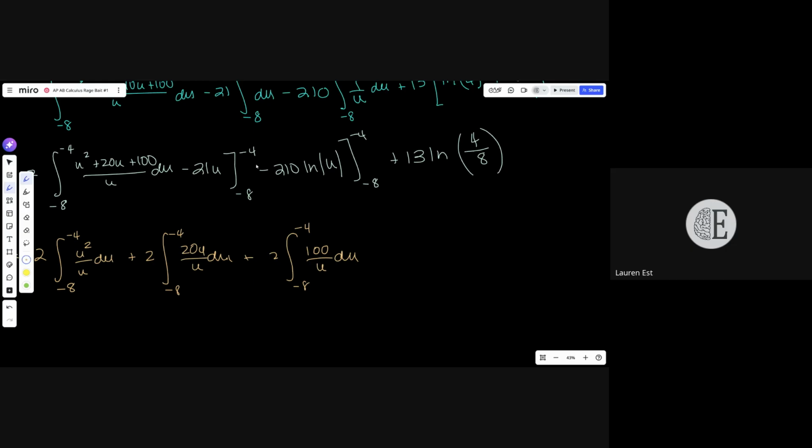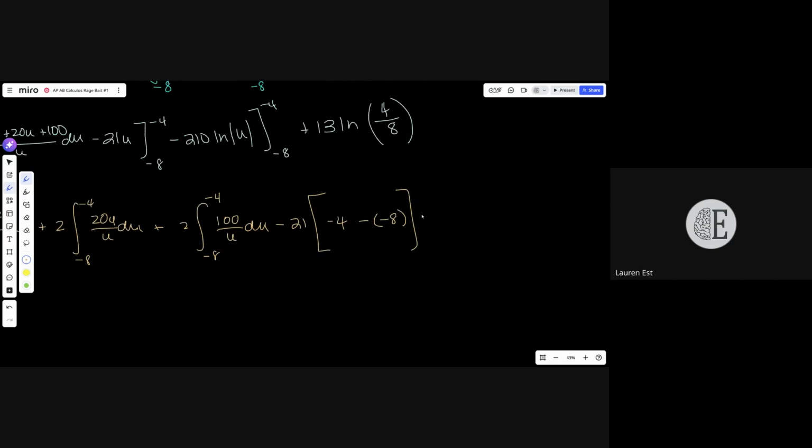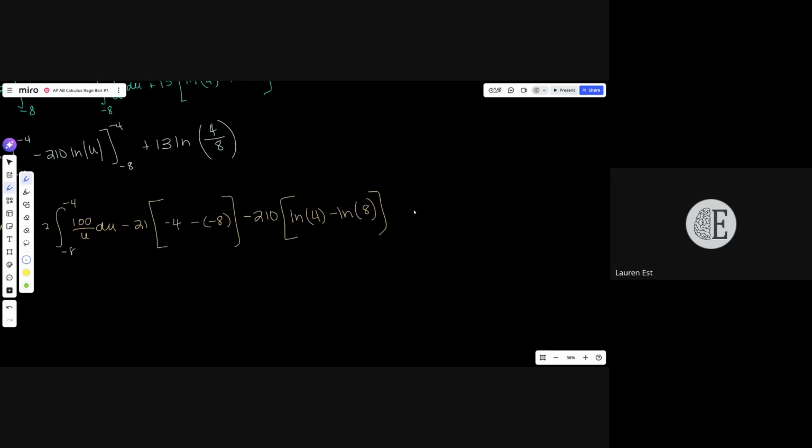And then this one, I can do -21 times (-4 minus -8). And this one, I'll do -210 ln absolute value of -4, which is 4, minus ln of 8, similar, right? And I'm going to make this plus 13 ln of a half.